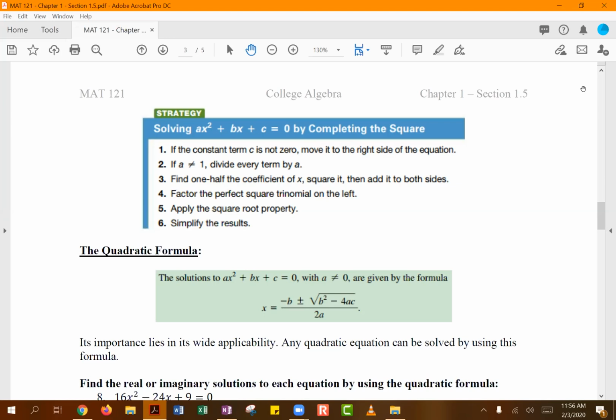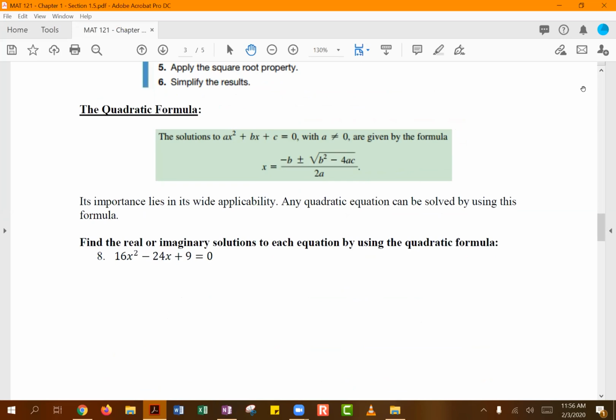Then you take the middle term coefficient, which is what we call the B term. Take its half, square it, add that number to both sides, and then of course factor the left-hand side, clean up your right-hand side, and then you do have to use the square root property to get your final answer, okay?